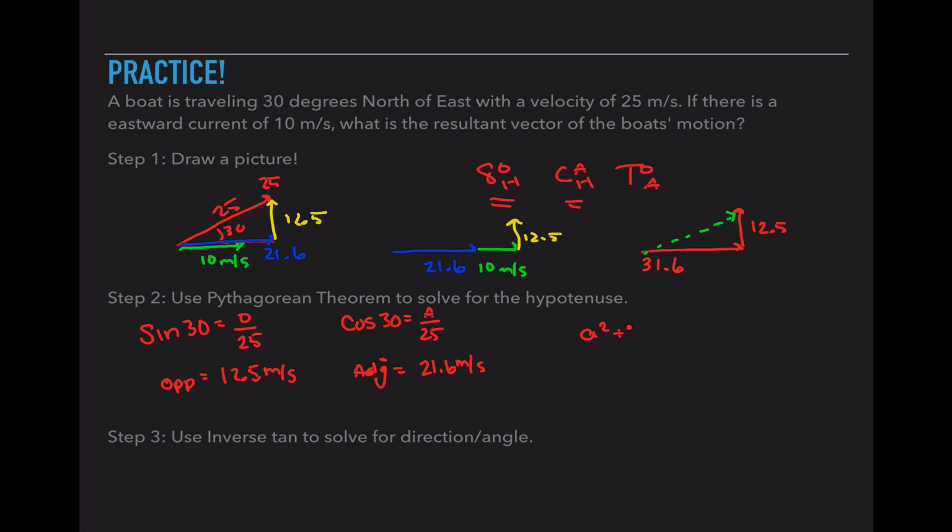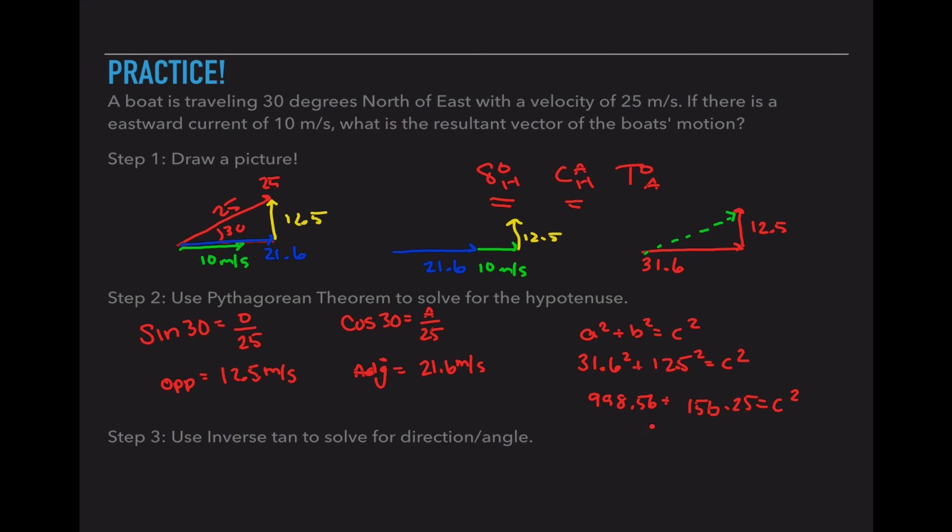So a squared plus b squared equals c squared, 31.6 squared plus 12.5 squared equals c squared. 31.6 squared is 998.56. 12.5 squared is 156.25.